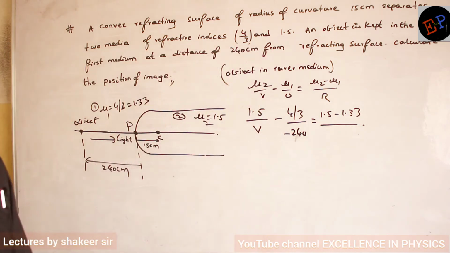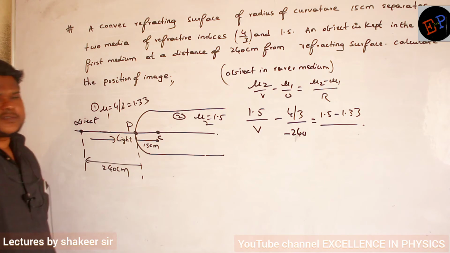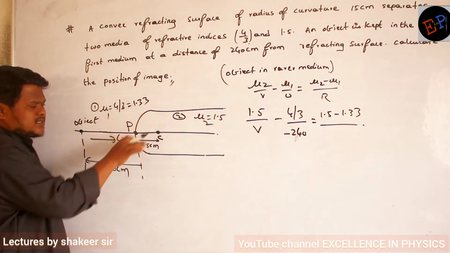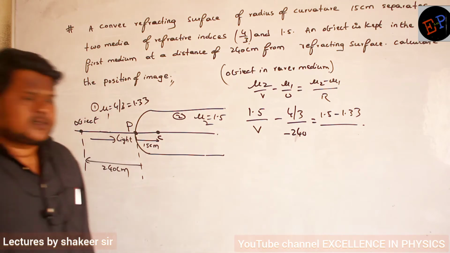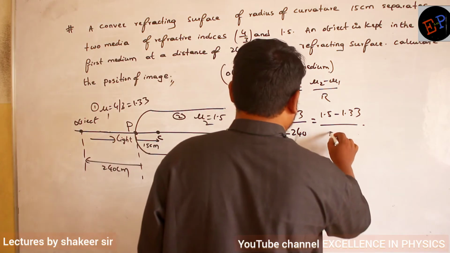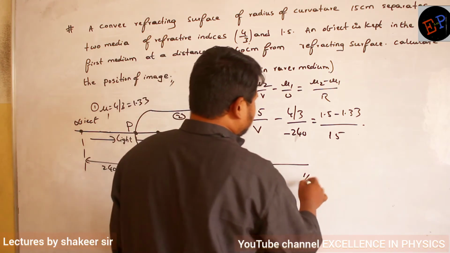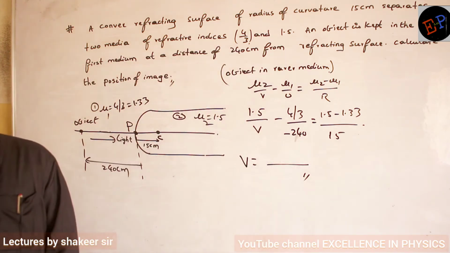Is it plus 15 or minus 15? Plus 15. Why? Light is entering in this direction and we are also measuring in the same direction. So V is the only unknown quantity. Just calculate the V value; that is our answer.